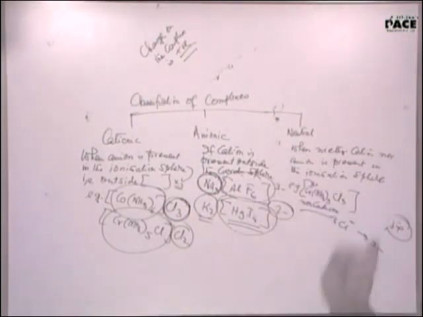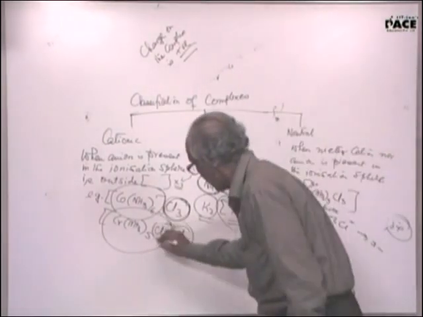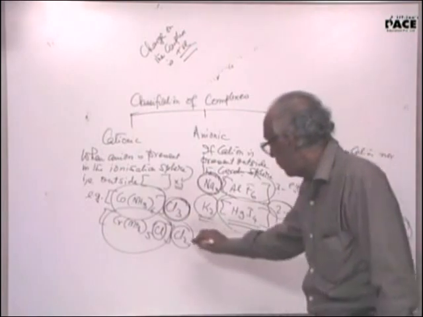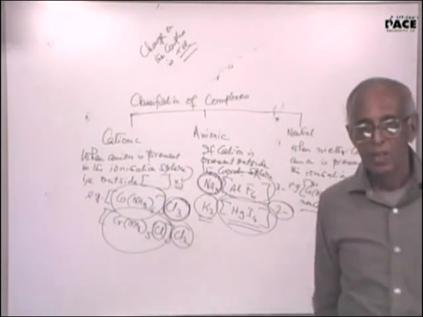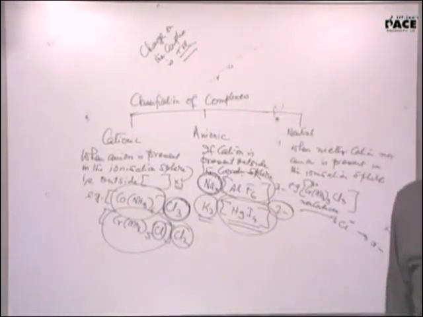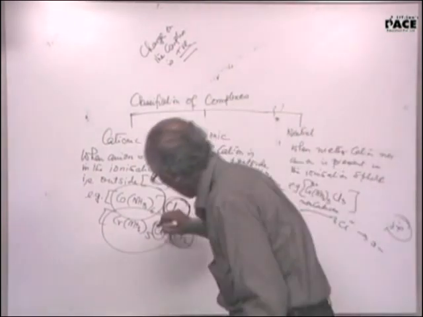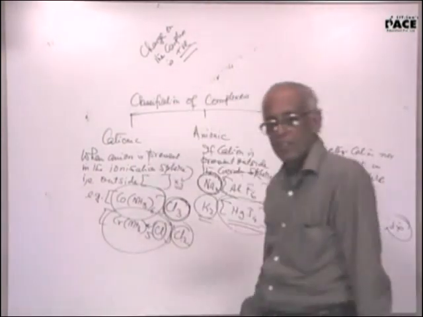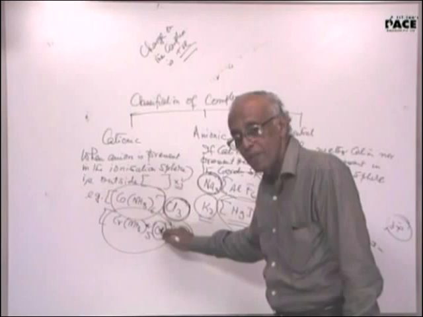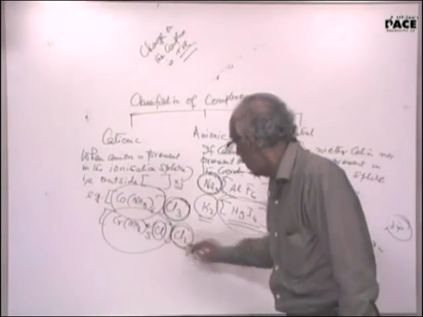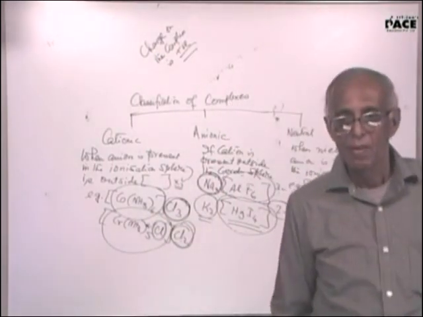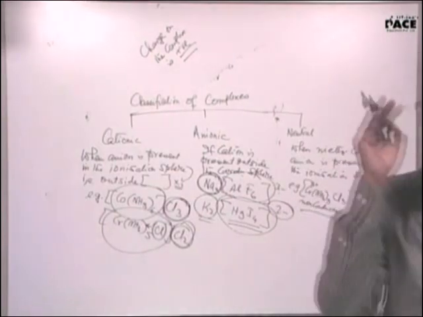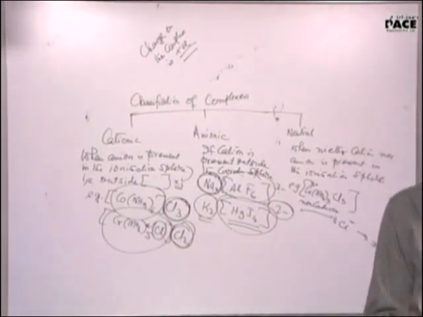It behaves like a free ion. Whereas this chloride is different from this chloride. How do you know? Because this chloride is forming a coordinate bond, so it is satisfying primary as well as secondary. This is only primary. So one which is satisfying only primary behaves as a free ion.